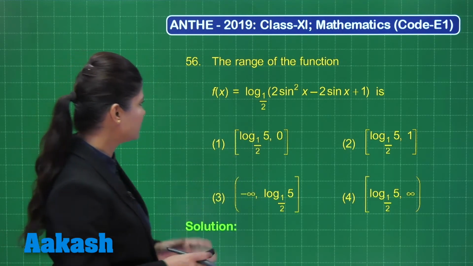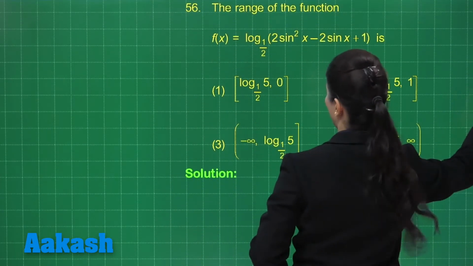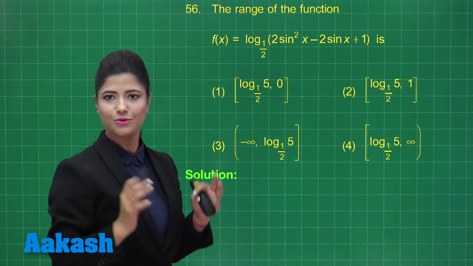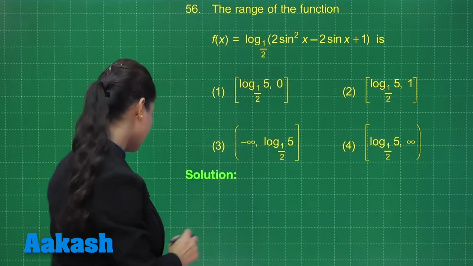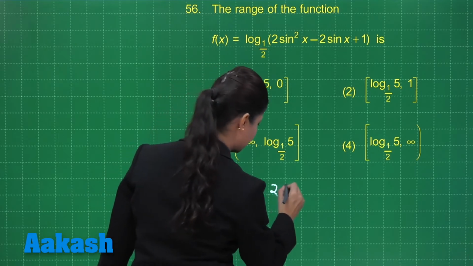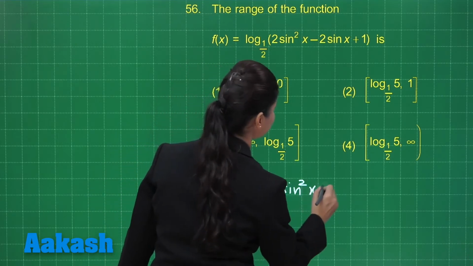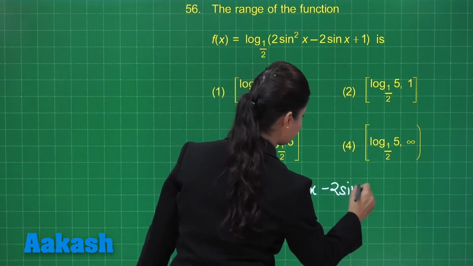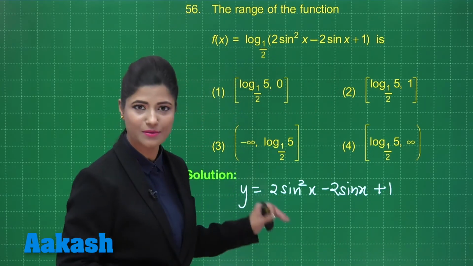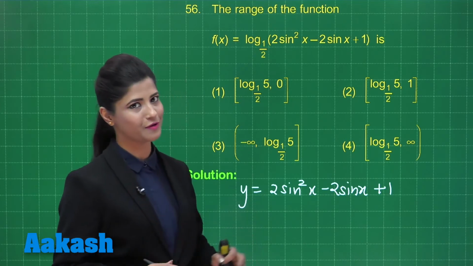So very first we are considering this given function, which is log of twice sine square x minus 2 sine x plus 1. So the range depends on this value. Let's try to figure it out. If I am considering that y is equal to twice sine square x minus 2 sine x plus 1, in this case, if you want to simplify it, you can easily take 2 common from the first 2 terms.